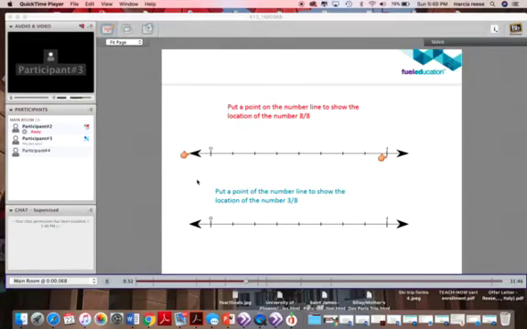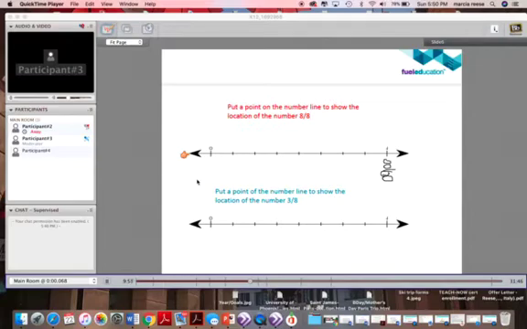Very good. Do you think you could try to use your writing tool, the little pencil, and write 8 over 8 for me on that point where you have demonstrated 8 over 8? Good job.